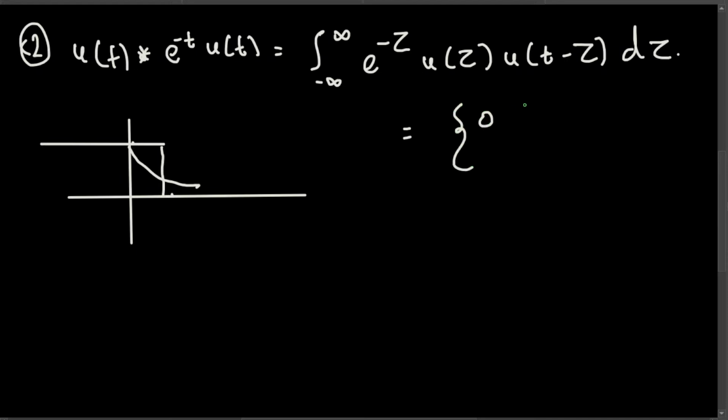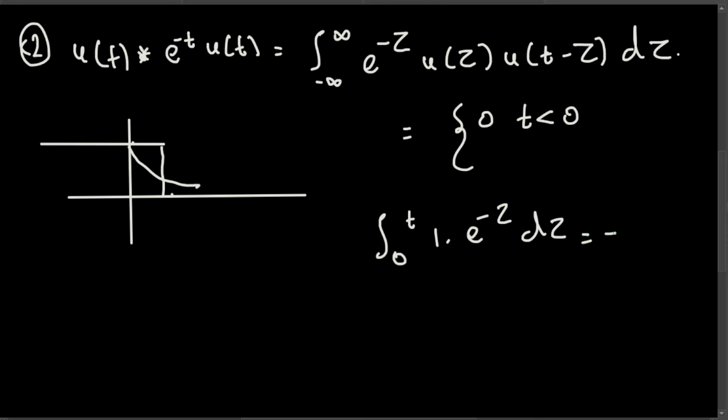And to find out what happens when t is greater than or equal to 0, we can solve this integration, that is from 0 to t of 1 times e power negative tau d tau.